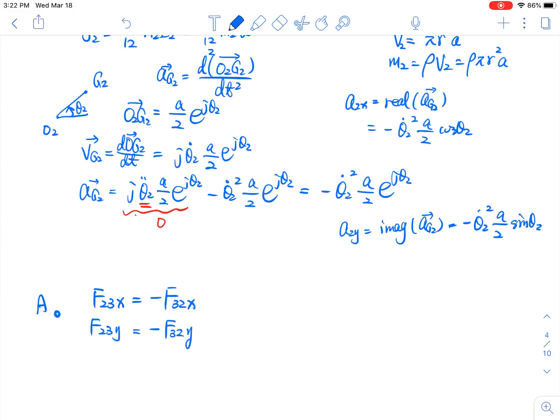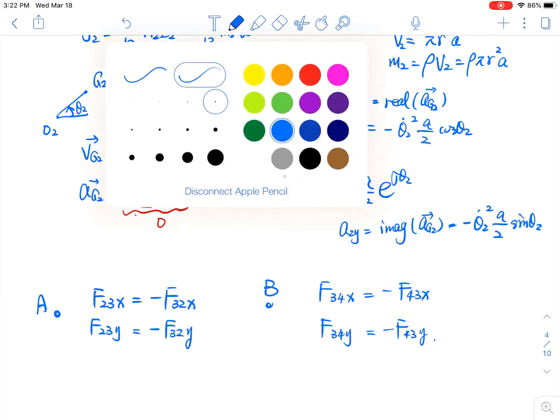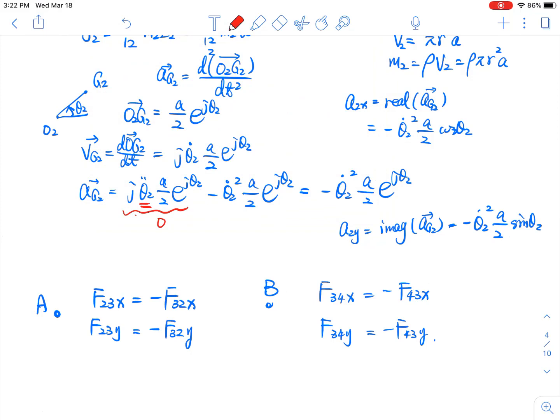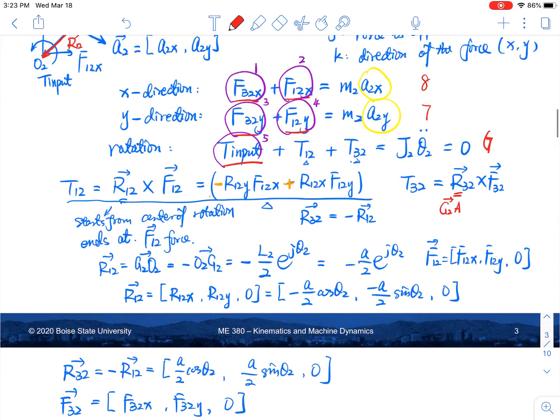And that's around joint A. So around joint B, you also have F34x equal to minus F43x, and F34y equals to minus F43y. So these are your number 12, 11, 10, and 9. Okay? So you have 12 equations, 12 unknowns.